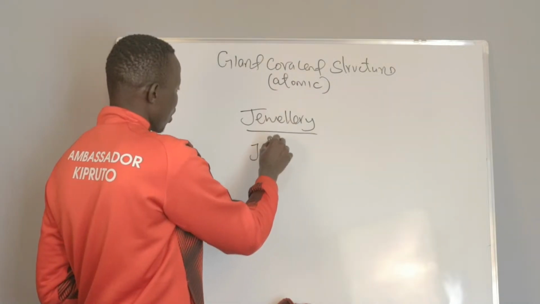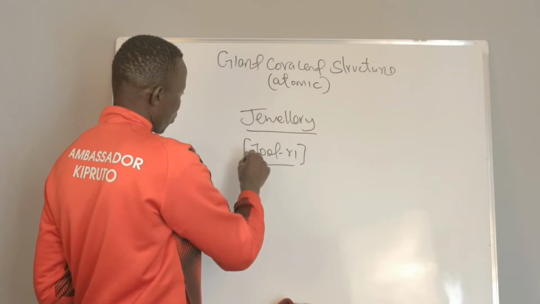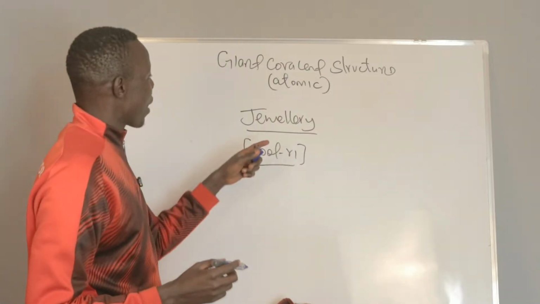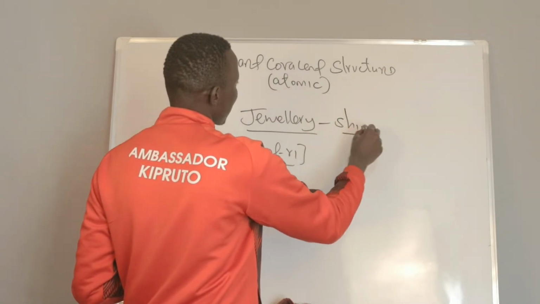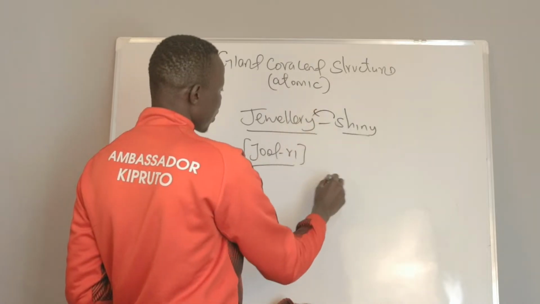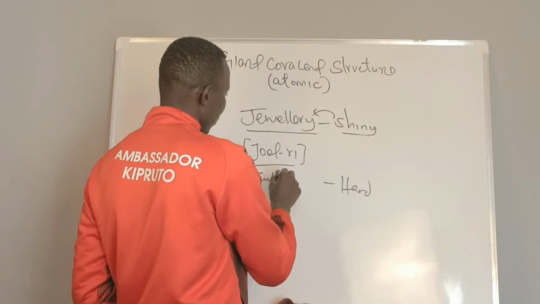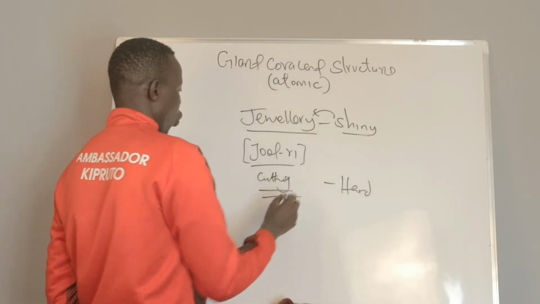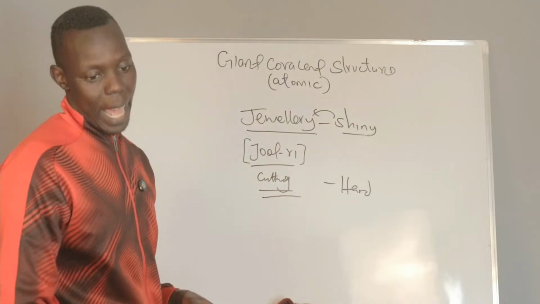Why? Because diamond is shiny. By the way, if you go where diamond is, it is shiny. So it is used in making of jewelry. Now, because diamond is hard, it is used in cutting of metals, or cutting of substances. That is now a diamond.